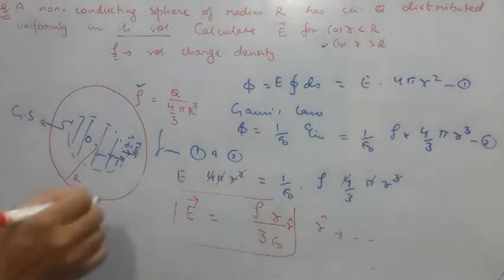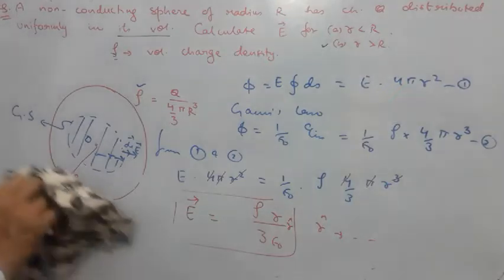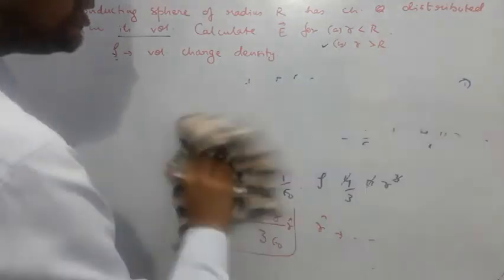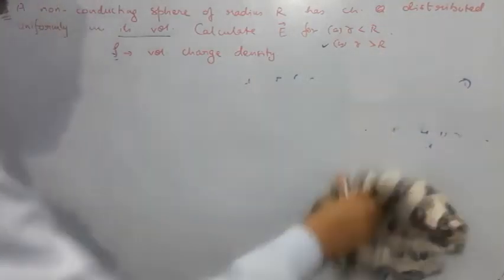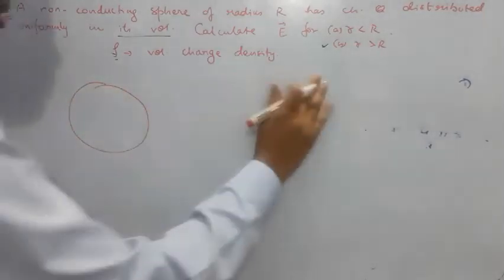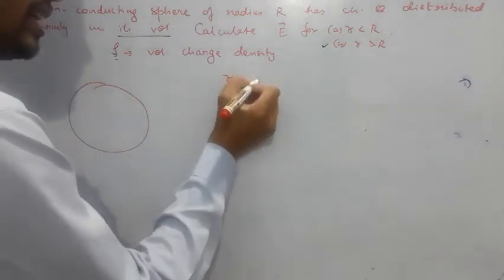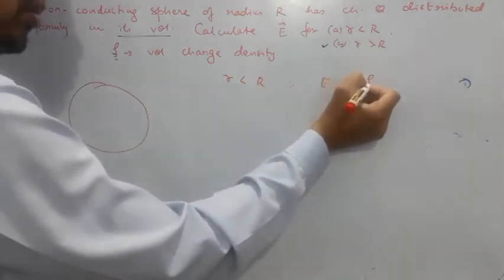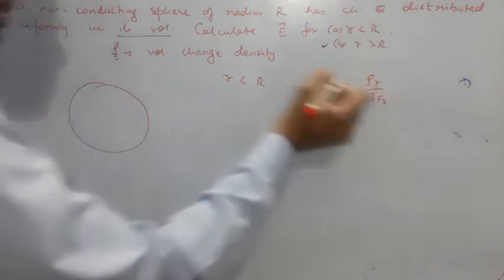So what we find now, let me summarize for both the cases. For this sphere, for r less than R, that means for points inside, the electric field was given as rho r by 3 epsilon naught.